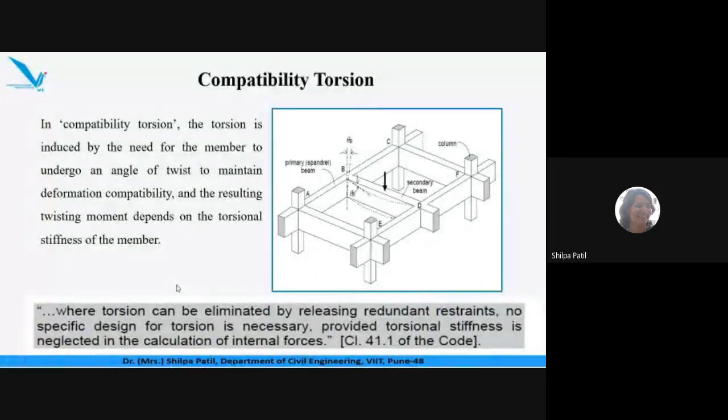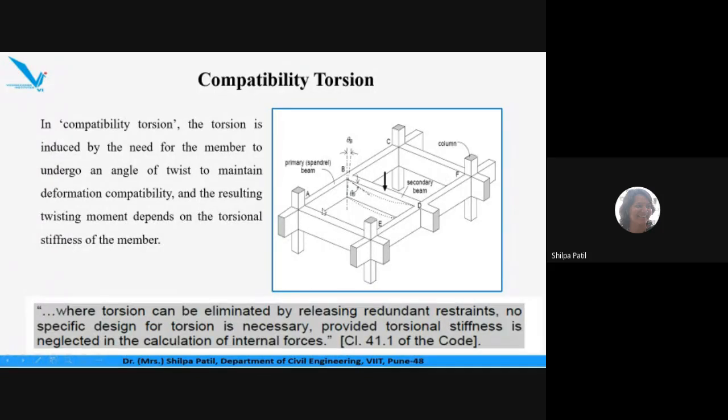The second type is the compatibility torsion. Now consider this example. This is showing one frame or a part of a frame in which there are some primary beams. This is my primary beam, which is resting directly on the column. This is another primary beam. So ABC is one primary beam, EDF is another primary beam.